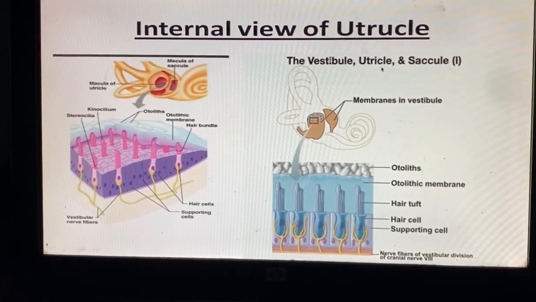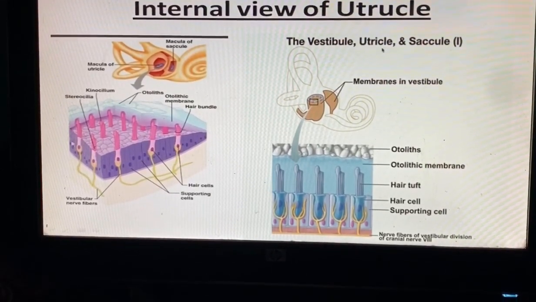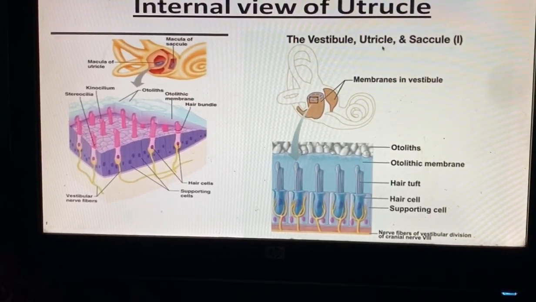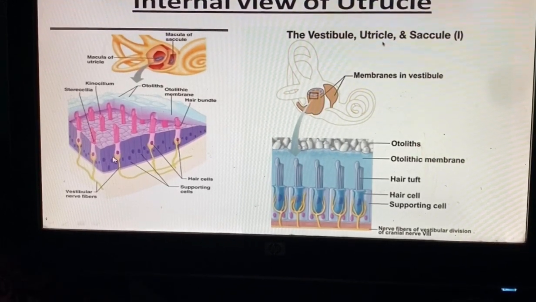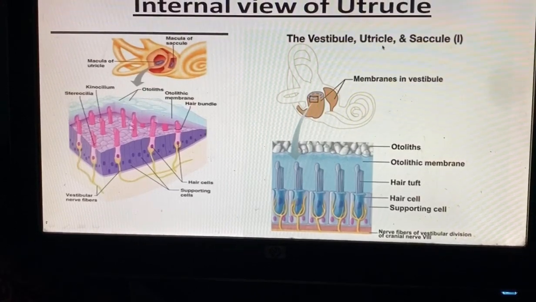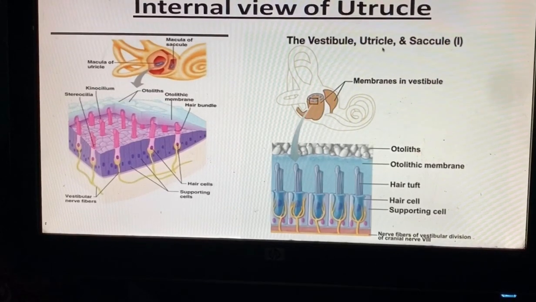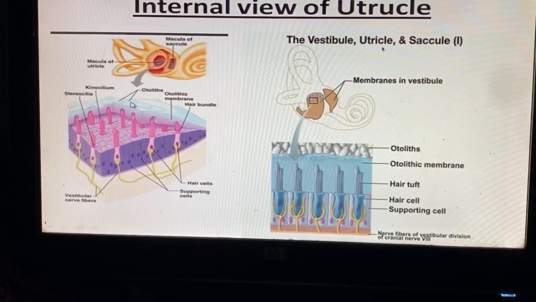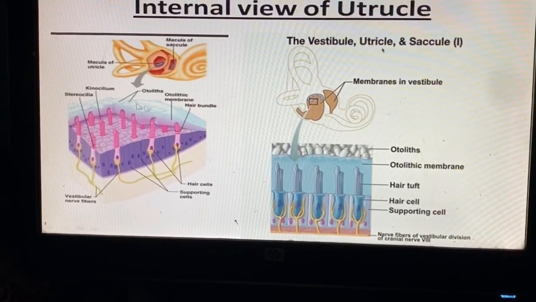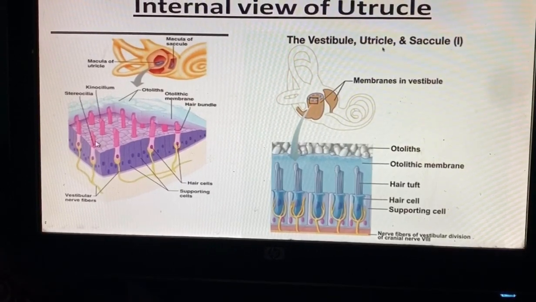The internal view of the utricle focuses on the detailed structure of the sensory hair cells which are embedded on the supporting cells of the utriculus. Okay, see here the pink colored structures are the hair bundles, or this is the thick otolithic membrane, and this is the otoliths, small portions of the crystals, and these are the stereocilia, right?